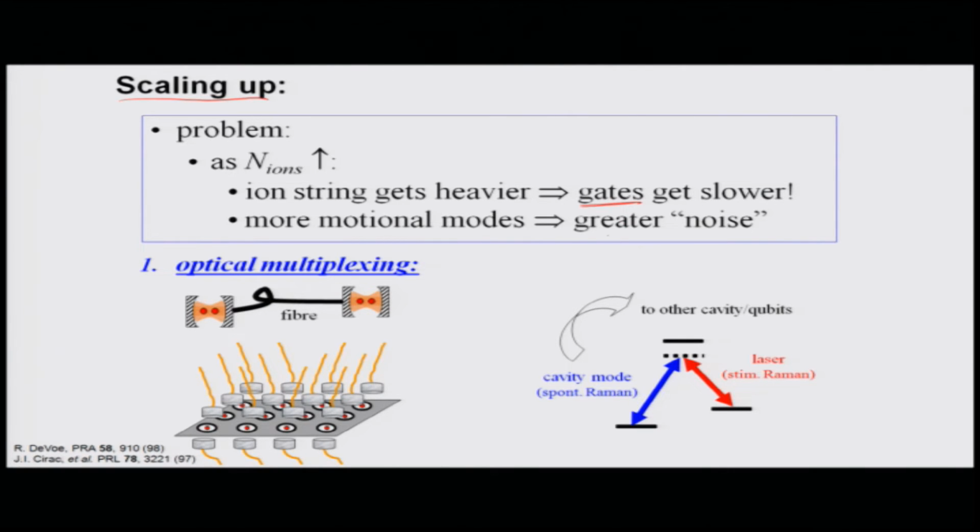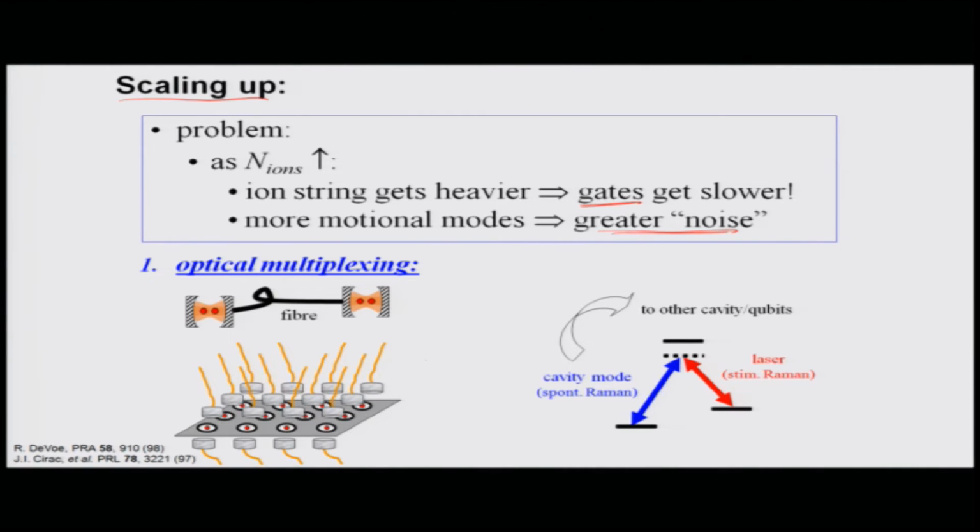And there are many more motional modes to be taken care of, which means that there is a greater noise condition. That is basically saying that we have difficulty in cooling the system, because we have a lot more states arising as a result of the size of the system. So, optical multiplexing always helps in these cases.